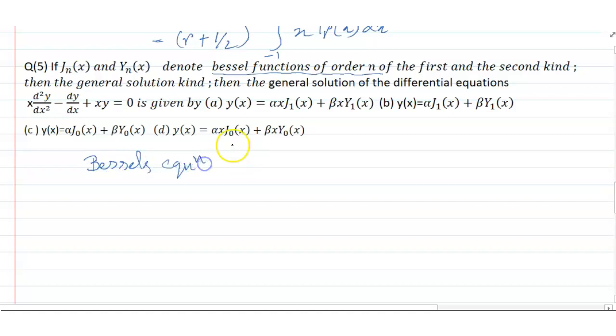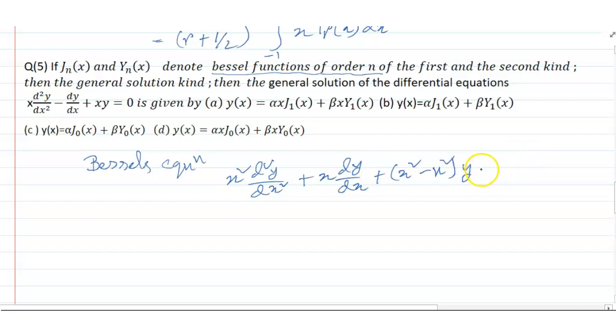You have to remember this formula: x square d square y divided by dx square plus x into dy by dx plus x square minus n square y equals to 0.